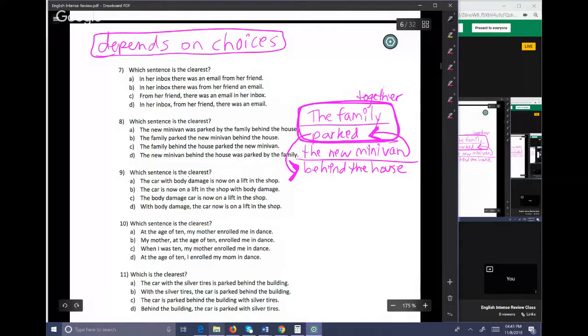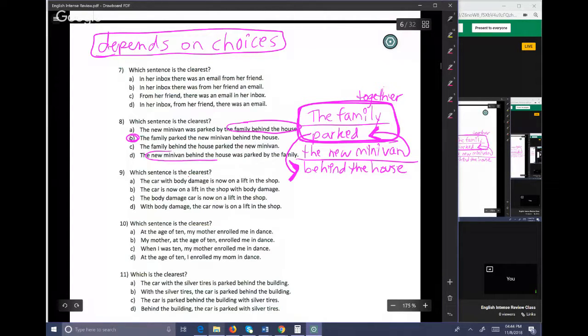I'm trying to say the family parked the new minivan behind the house, and that would be choice B, very clearly choice B. You can do it this way, or you can do it in the manner where you're essentially just reading each one and saying, oh, well, this says the family's behind the house instead of the van.